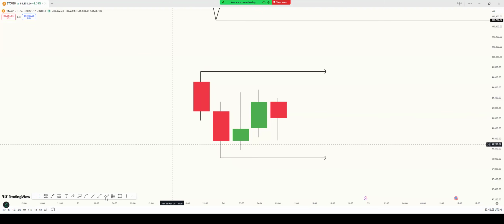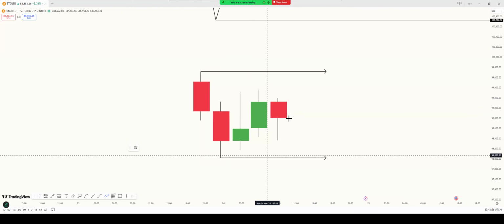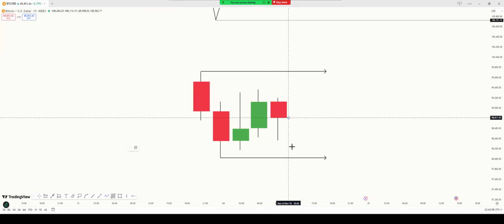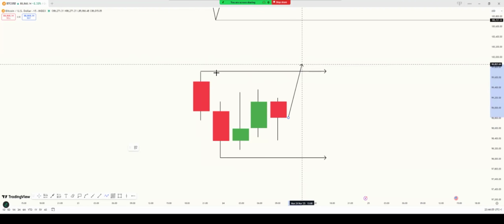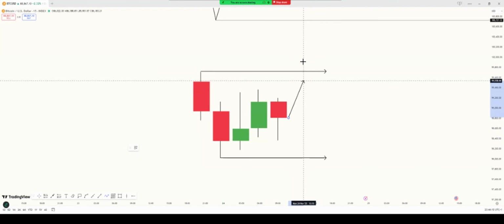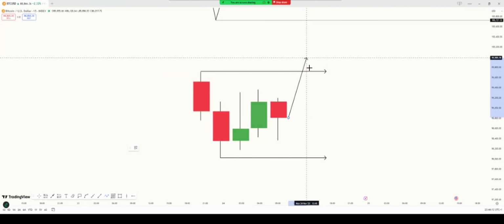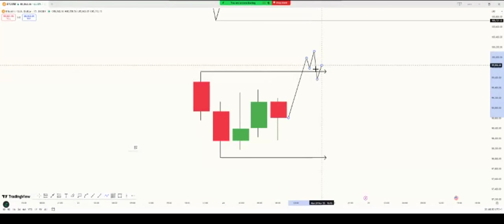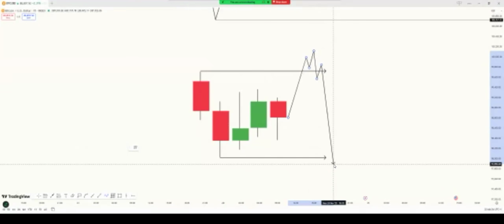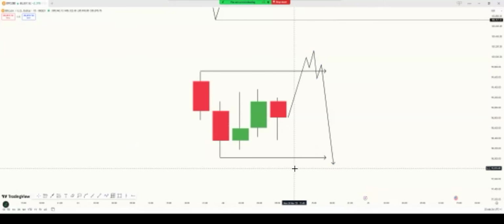So what we want to look out for is we want to watch price take out either end of the range. So it could be the high of the range, that is the BSL, or the SSL. Price sweeps the BSL. We want to look for confirmations to sell, to short price down to the SSL. Okay.